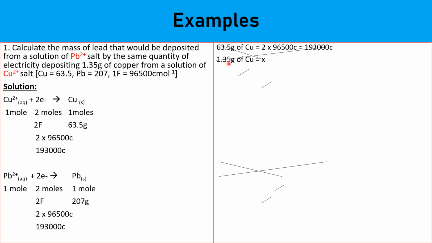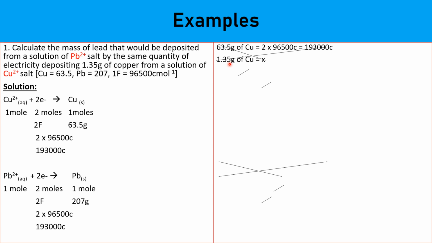But don't forget that the law says that the amount in mole is inversely proportional to the charge on the ion, meaning that when the amount in mole increases, the charge on the ion decreases. When the charge on the ion of the element increases, the amount in mole decreases.